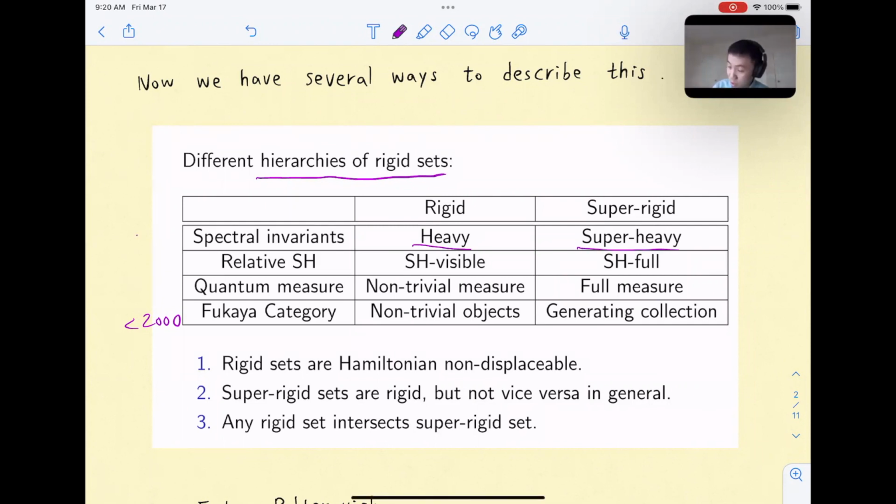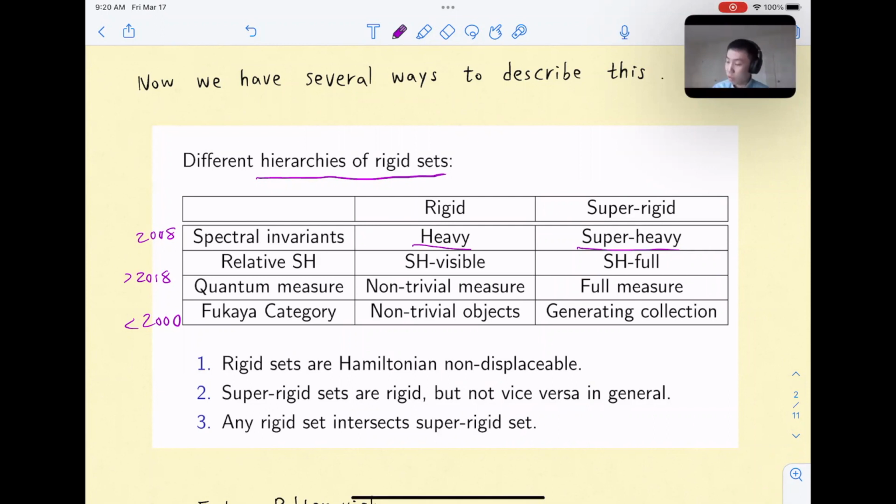This is around 2008. And the two middle ones are more recent invariants, after maybe 2018, after the invention of the relative symplectic cohomology in Varolgunes's thesis.